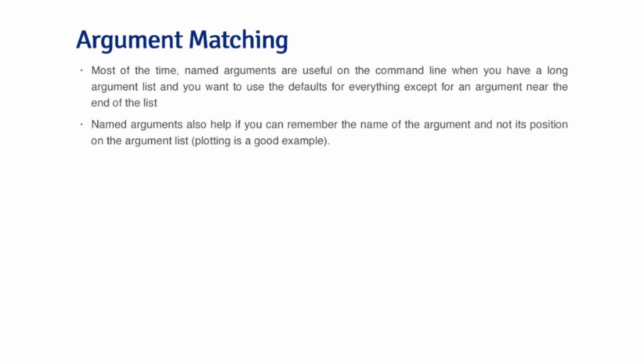So you just call it by name, and that way you don't have to remember the order of the arguments. Another example where this comes in handy is plotting, because many of the plot functions have very long argument lists, all of which have default values, and you may only want to tweak one specific argument, so it's useful not to have to remember its position in the argument list.